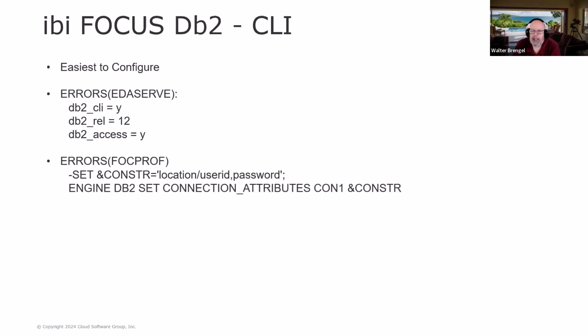We're calling this connection 1, and we pass it the information that we set in the previous line. In the newer releases, you could actually put this all on one line because I think our LRECL is 2044. But in the older versions, you only had 80 characters, so we had to separate it out into 2 separate lines. But either way will work.